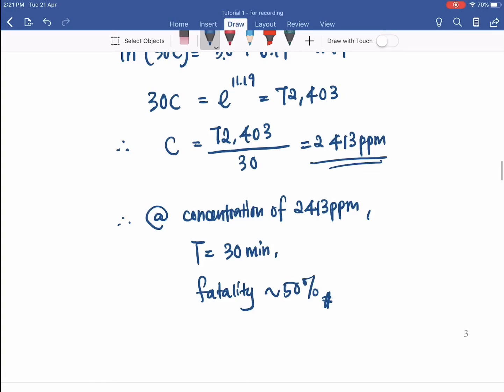So as an engineer, if we look at this value, we either need to reduce this concentration or reduce the duration of exposure so that we can reduce the percentage of fatality.